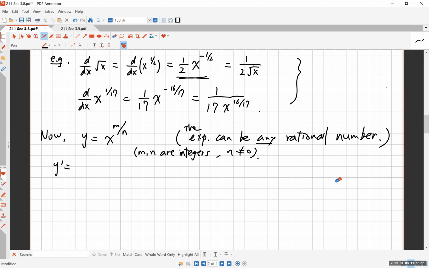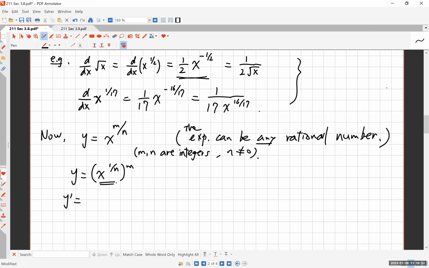How do I do that? Well, that's the question. What is y prime? The first thing you should do is to write this as x to the 1 over n raised to the mth power. Then you can simply take the derivative.